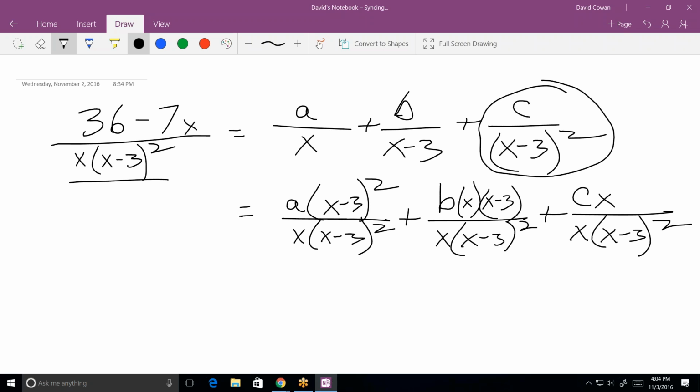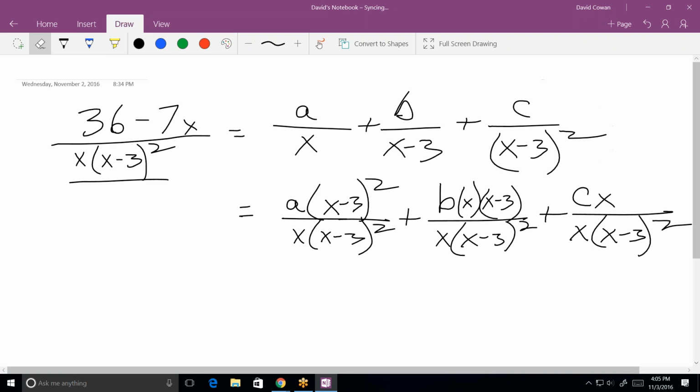If I put just cx, the x's cancel, and I end up with what I started with. That's why I like this method: it makes it really easy to verify that you're not changing anything. Whereas if you don't do it this way, it's pretty easy to make a mistake, as I almost did.